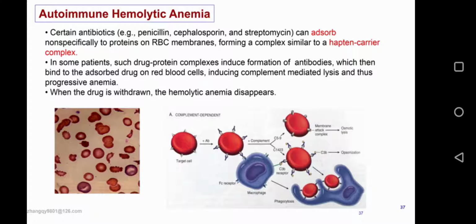They will activate the complement system and cause red blood cell lysis, just like this picture shows here, right? So some patients are healthy before, but if they take some medicine, this medicine binds to the red blood cell and causes red blood cell lysis, and then we call it anemia.